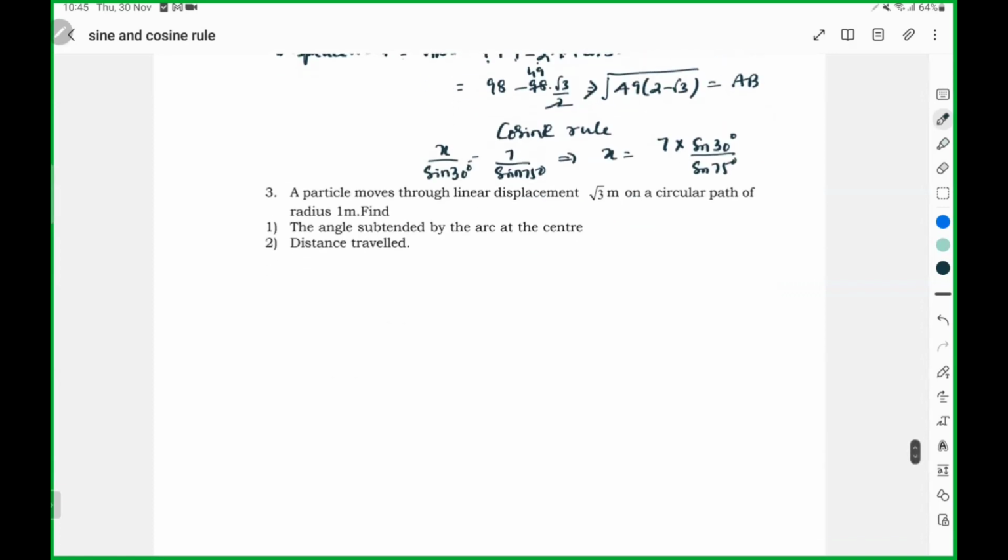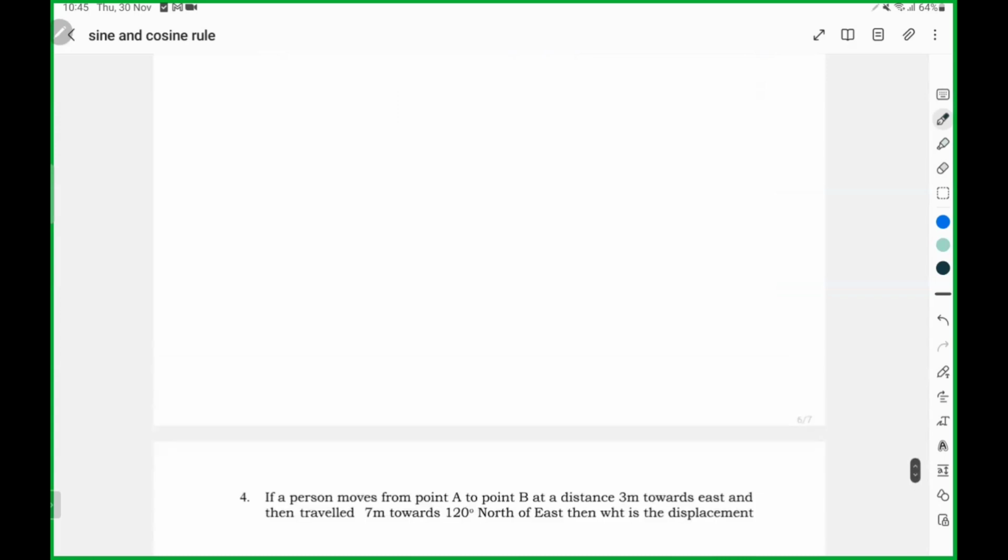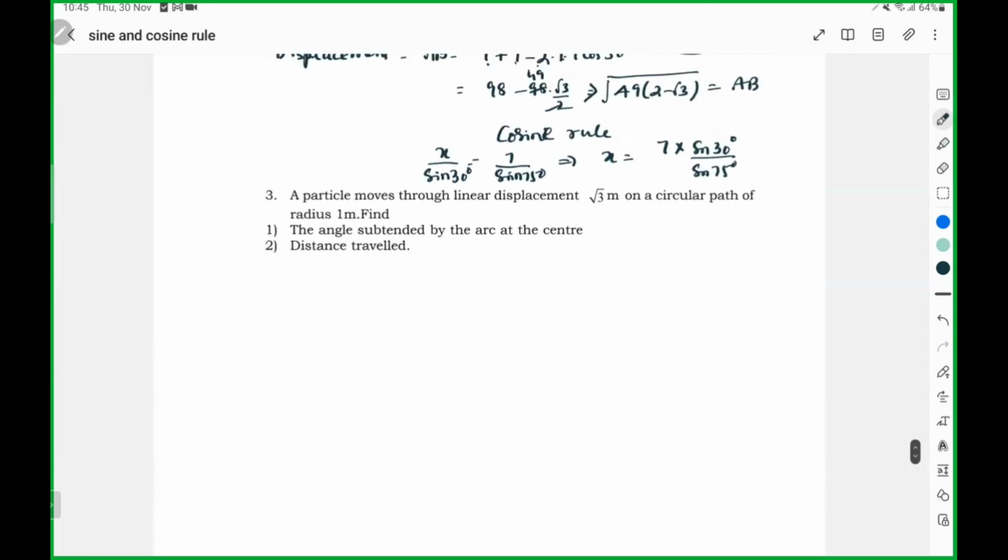Here in this question, a particle moves through a linear displacement of root 3 on a circular path of radius 1. If you draw a circle here, we said linear displacement. There is a difference between angular displacement and linear displacement.